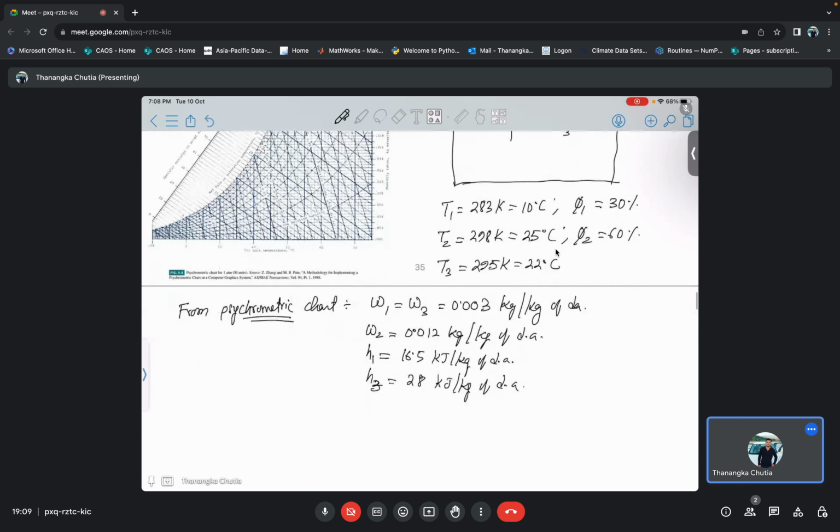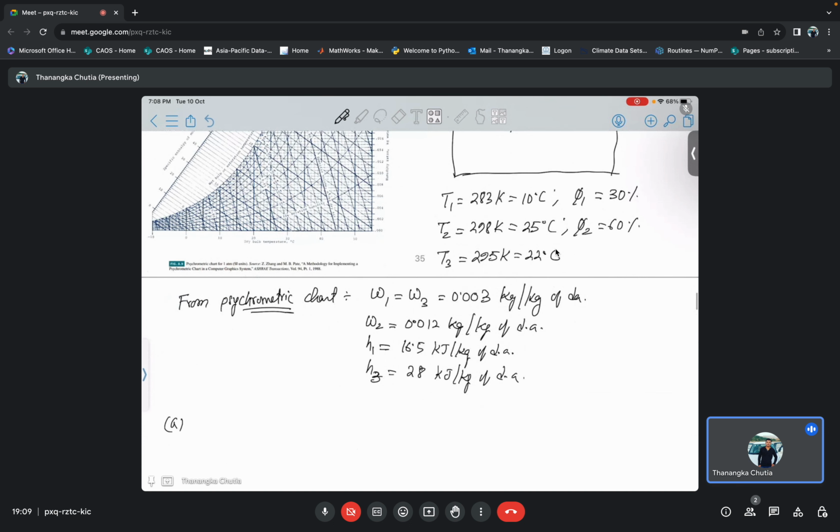Now first we have to find the rate of heat supplied in the heating section, that is process 1 to 3.